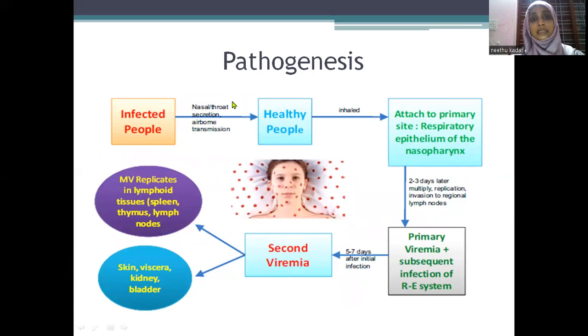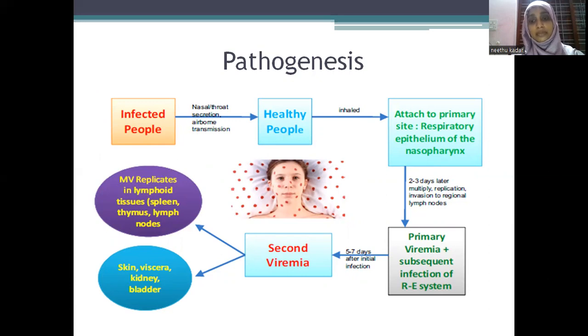Infected persons have the virus in their nasal secretions, and it spreads by airborne transmission, reaching healthy people through inhalation. The virus attaches to the primary site, the respiratory epithelium of the nasopharynx. Within 2 to 3 days, the virus multiplies, replicates, and invades the regional lymph nodes.